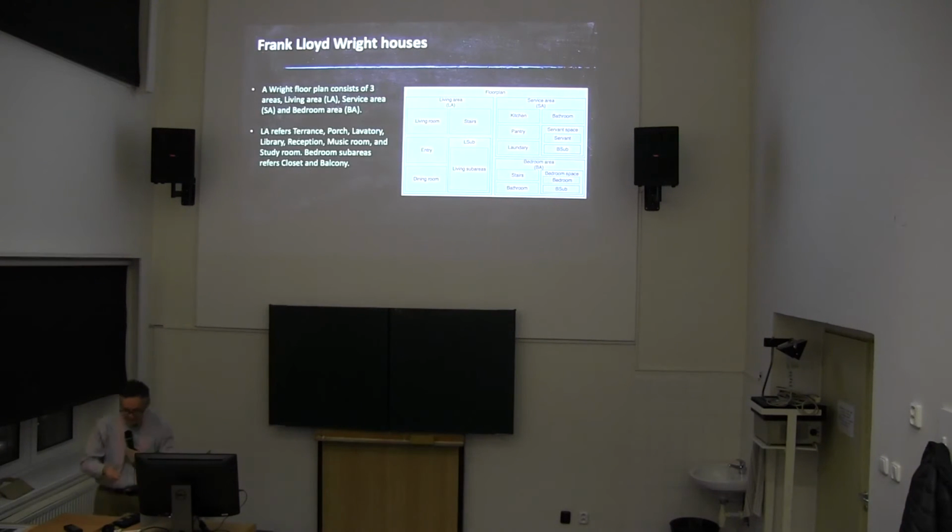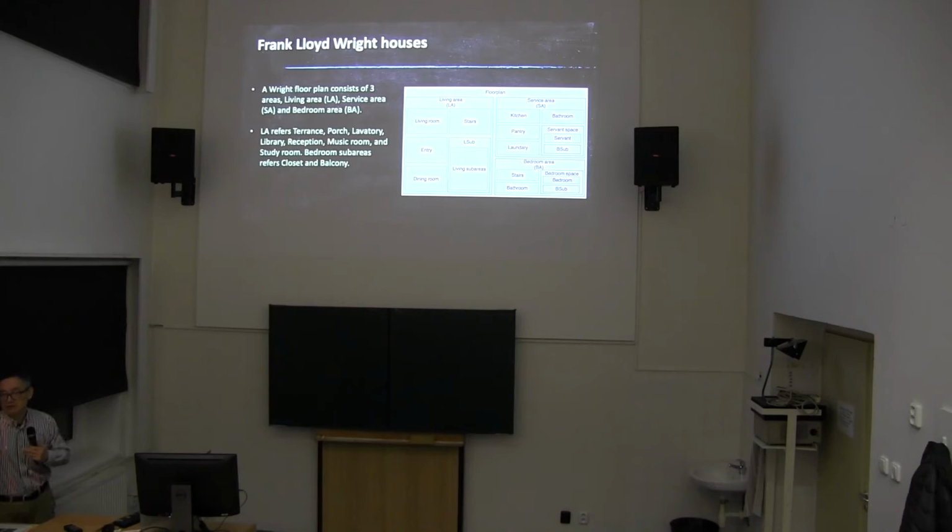And his houses are really just the most traditional residential houses. And the floor plan consists of three areas: living area called LA, service area SA, and the bedroom area BA. Basically, three major areas. And then LA refers to terrace, porch, lavatory, library, and so on. And there are bedroom sub-areas that refer to closet and balcony.